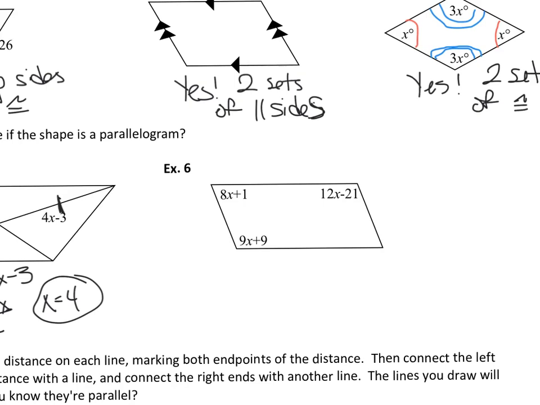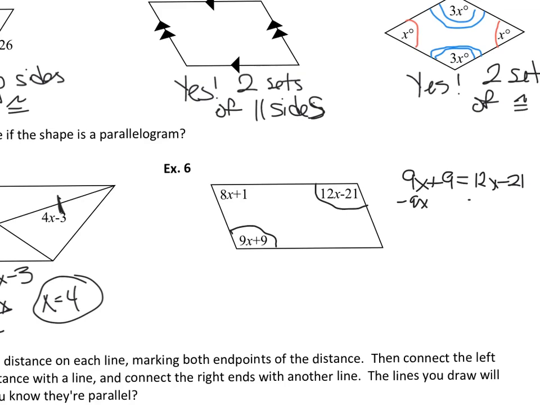So I'm going to go ahead and set this angle here equal to this angle over here. So I've got 9x plus 9 should equal 12x minus 21. If you want to try the other one to see if x equals the same thing, you can go ahead and do that.